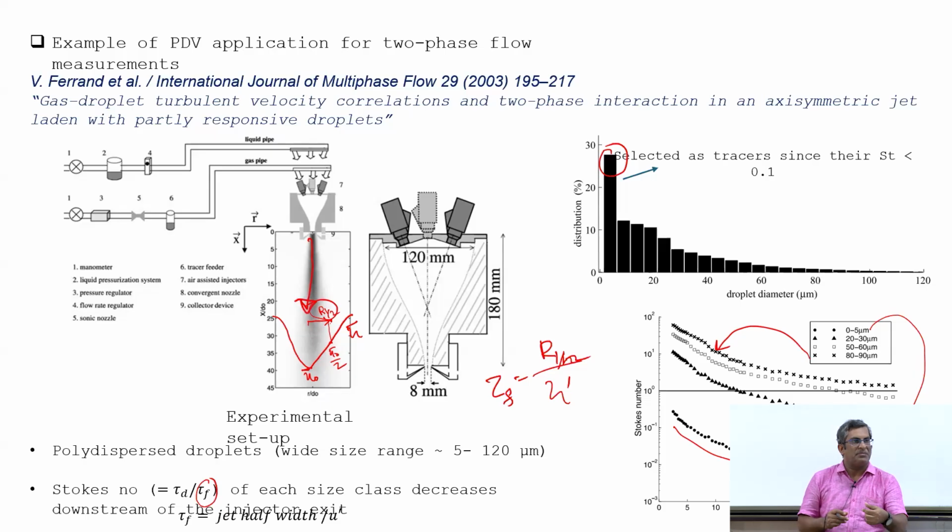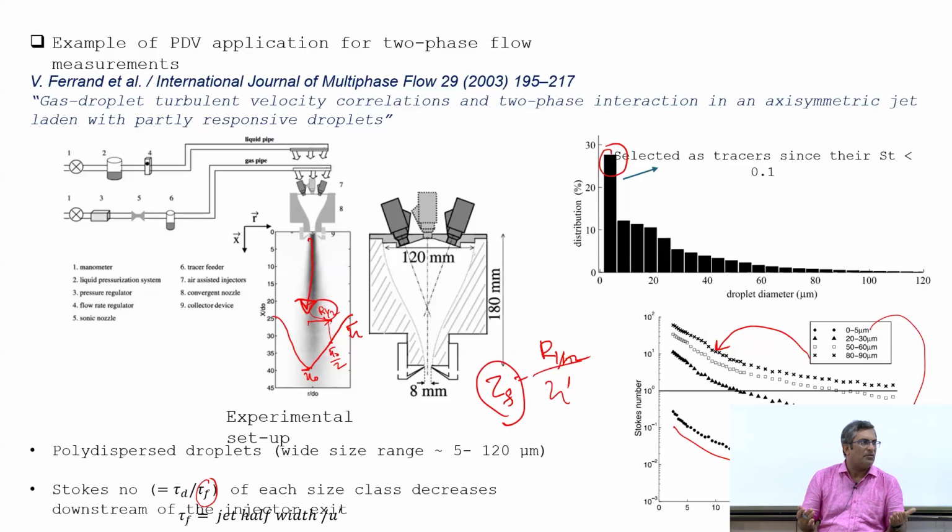So what does this mean? This means that the particles tend to follow the fluid in a better way as they move away from the injector. Okay. And this is happening because the large eddy time scale is actually getting longer.